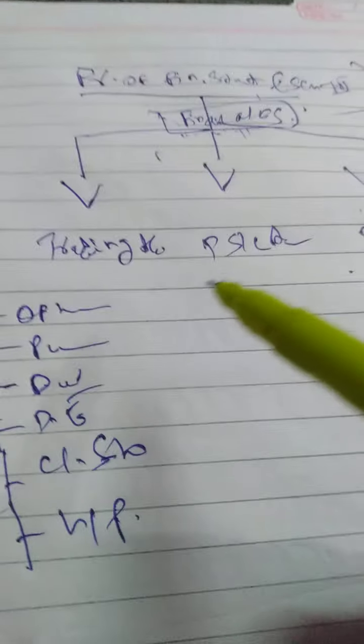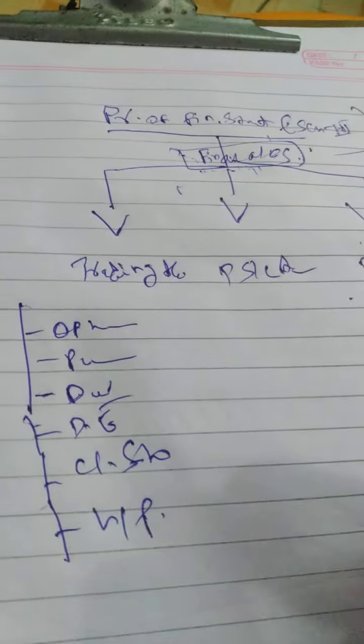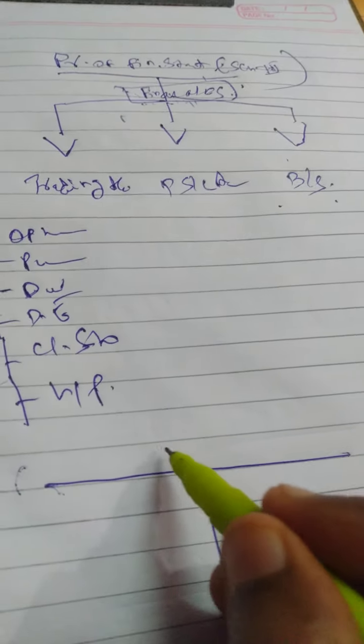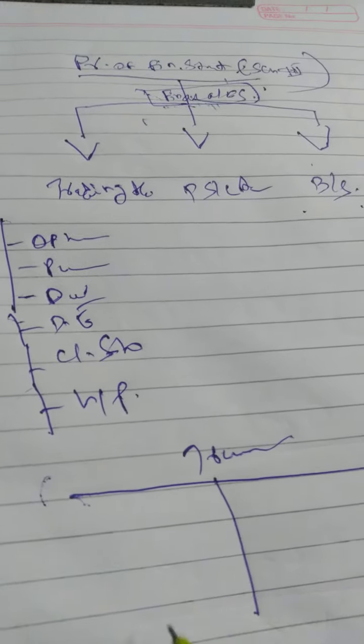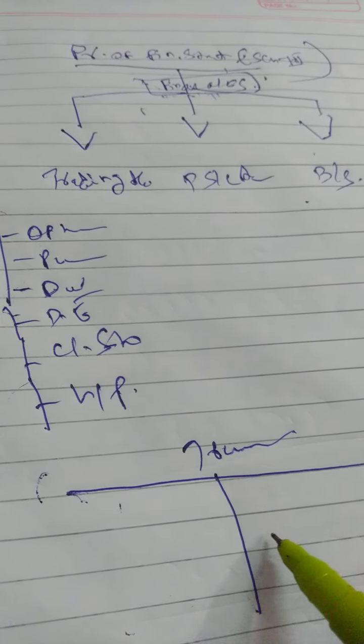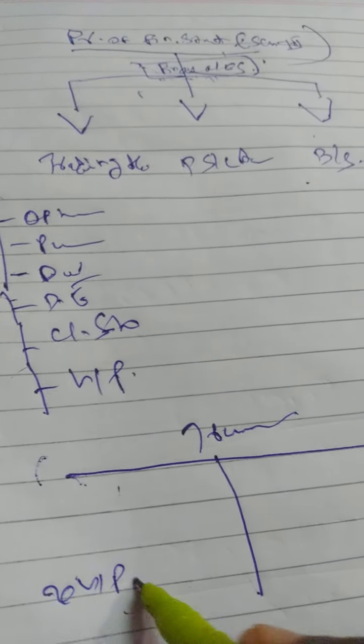Some of the major items I am discussing. We have to prepare like a T-type trading account, write all these items, and finally get the gross profit.